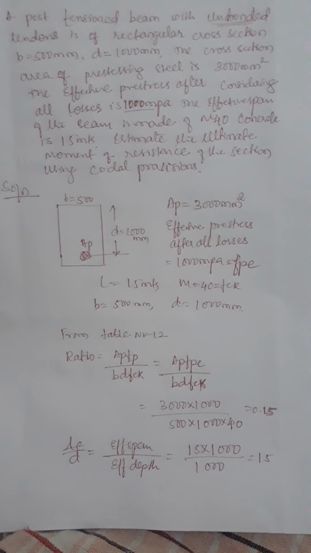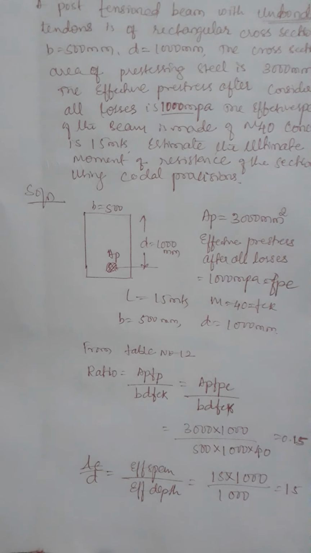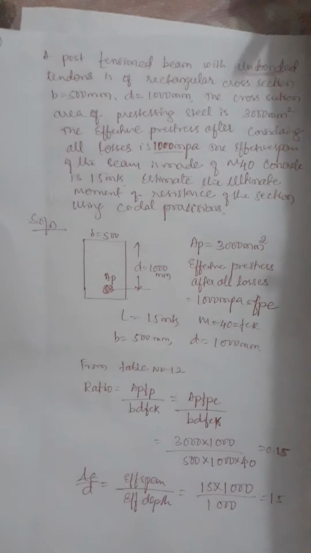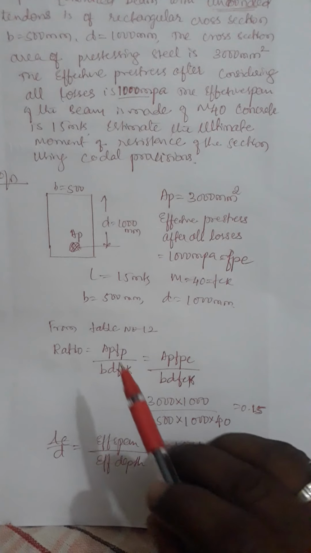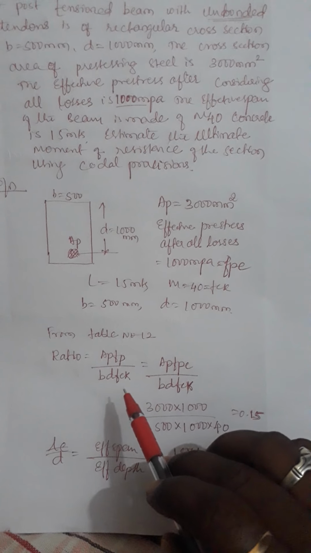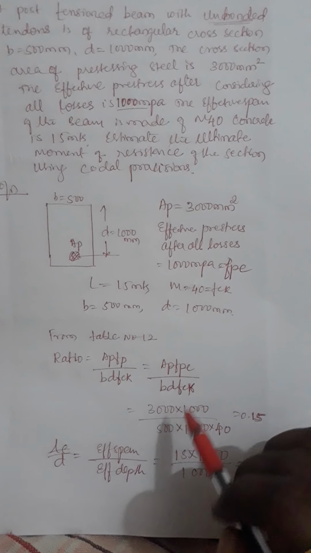So if it is unbonded, then you have to refer table number 12. See here, unbonded tendons, table number 12. From table number 12, the effective reinforcement ratio is AP FPE divided by BD into FCK.